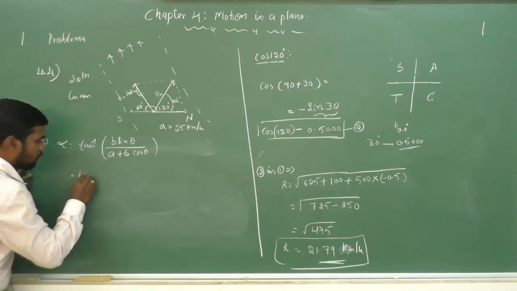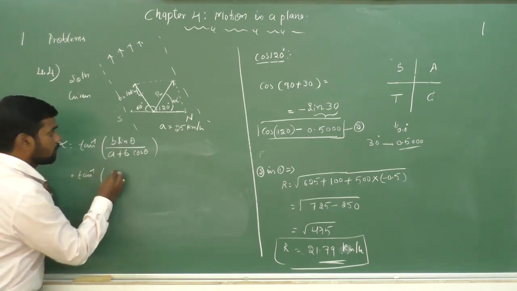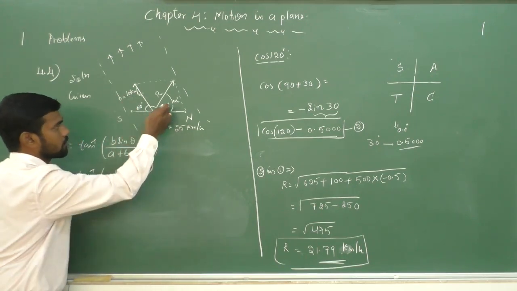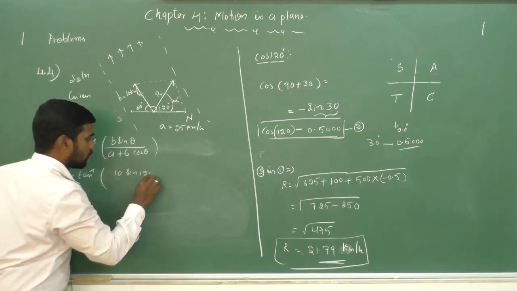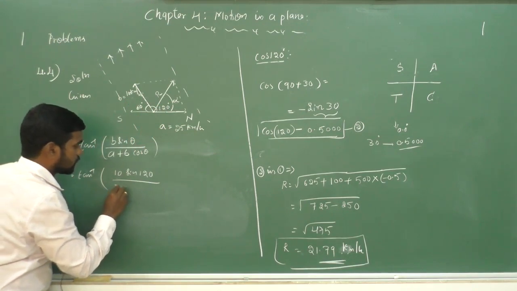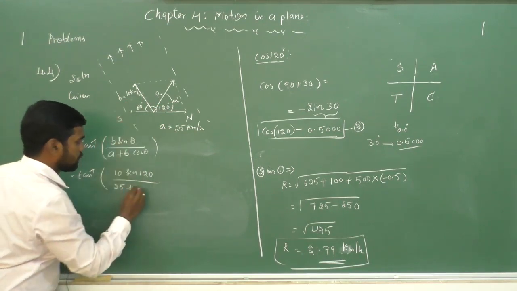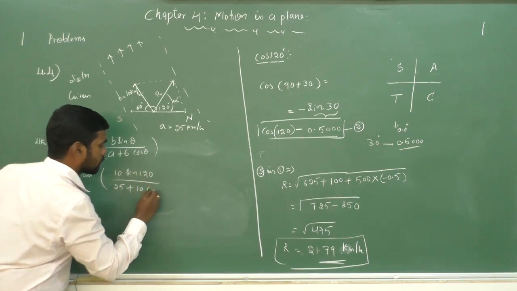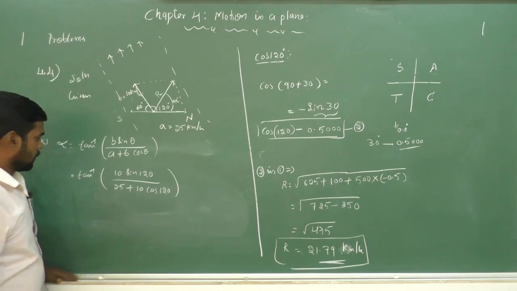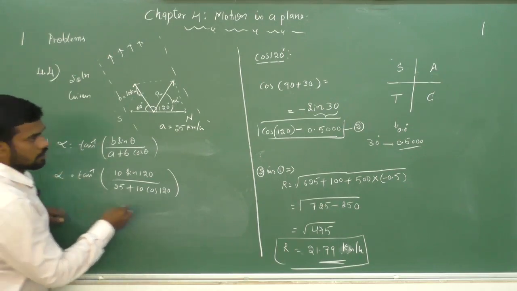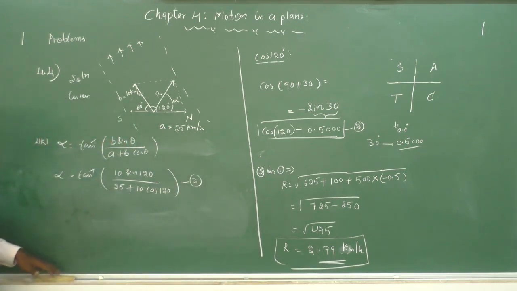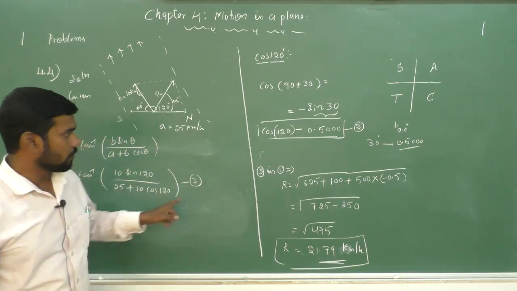Substitute here: tan inverse of b sin theta, b is 10, sin theta, theta is 120, divided by a, it is 25, plus b, it is 10 into cos theta, theta value is 120. Okay, 120. We have taken equation 2 there, so take this as equation number 3. In that the cos 120 value we already found.